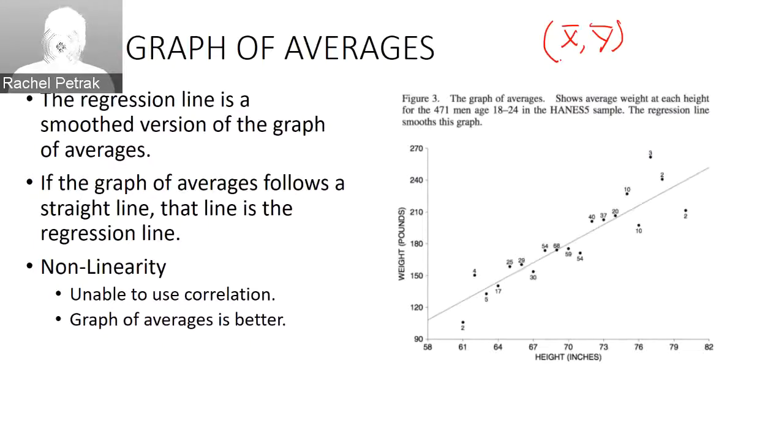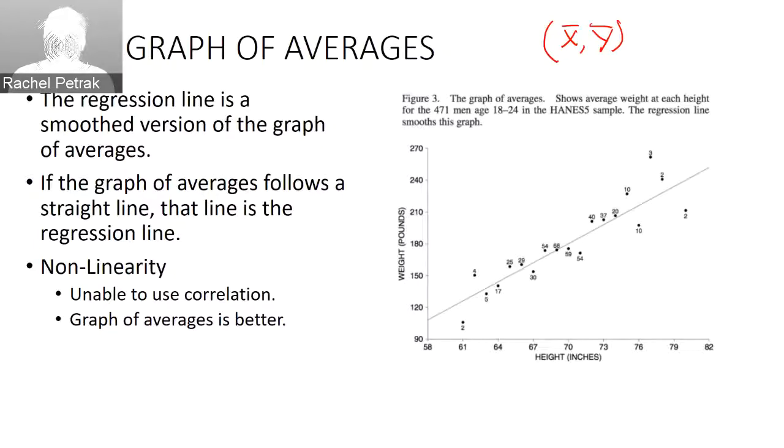Another way that the averages come into play in our graph of averages is to help us look at nonlinearity. If you have a nonlinear relationship, which we can, then we can use the graph of averages instead of using the correlation.